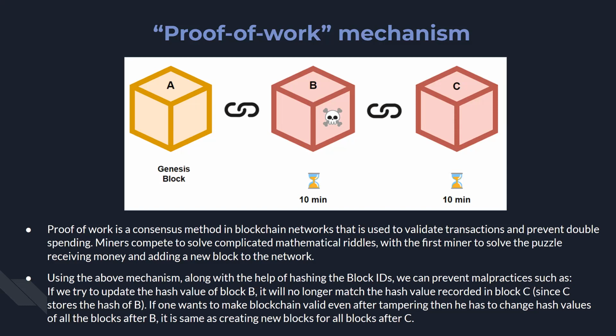So what does this actually do? At each and every point, as I mentioned earlier, all the nodes across the network verify each and every transaction in each and every block.